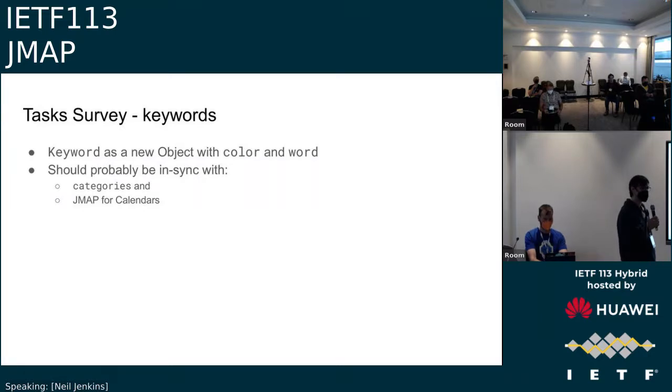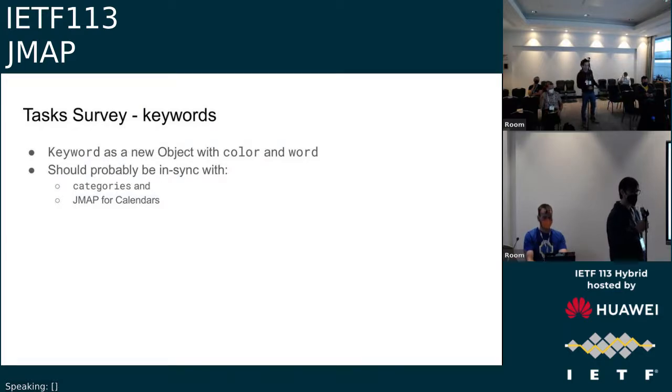Once you start adding these extra properties like this, it makes me wonder whether it should be a separate data type, like a task list object. It's another way of, it's like a label essentially, and then you just reference that.